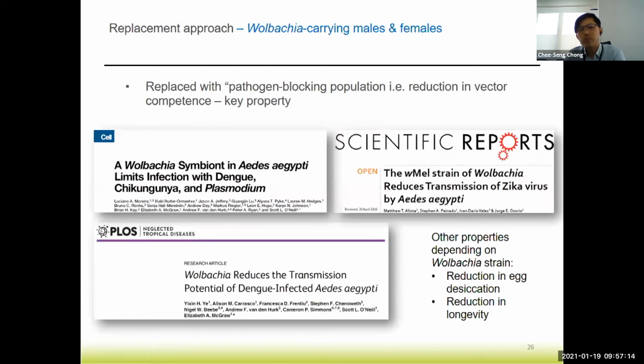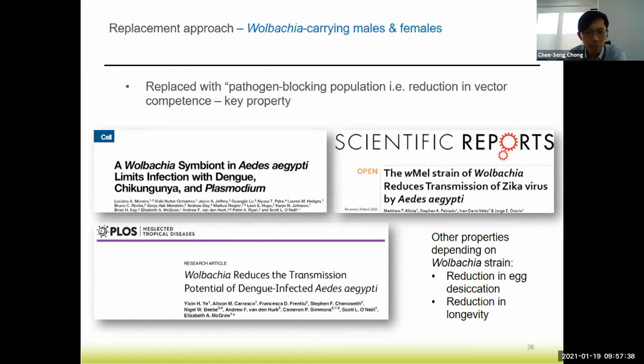And this replacement strategy really hinges on a very key property, that is the pathogen blocking property of Wolbachia. For those of you who are familiar, there are a lot of publications associated with Wolbachia blockage of dengue, chikungunya, and even Zika itself.